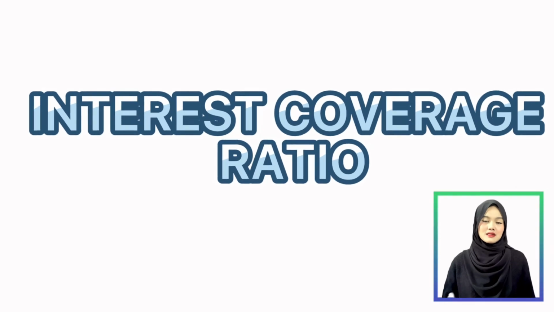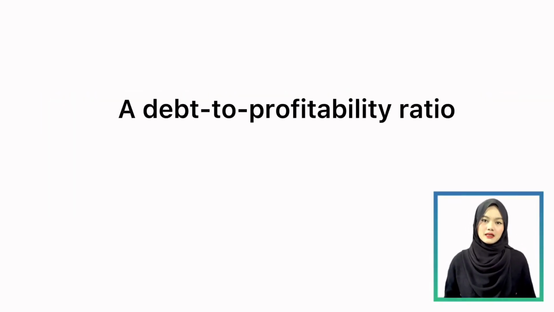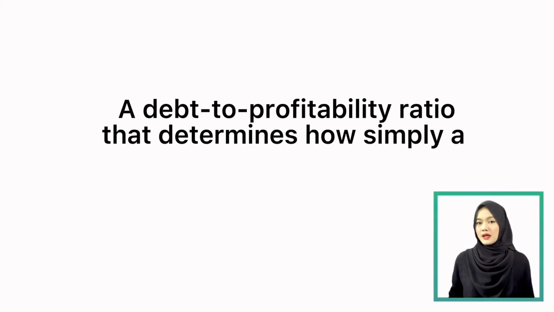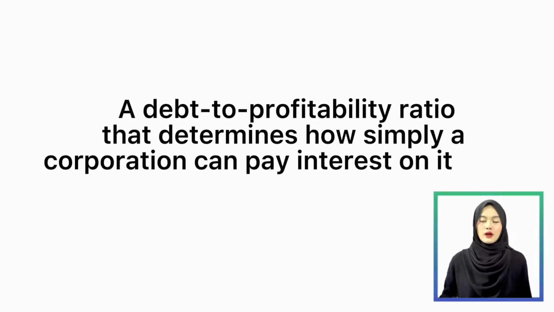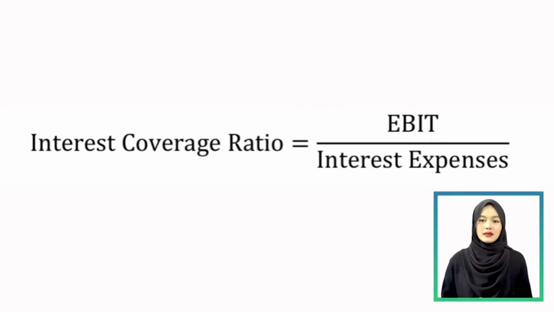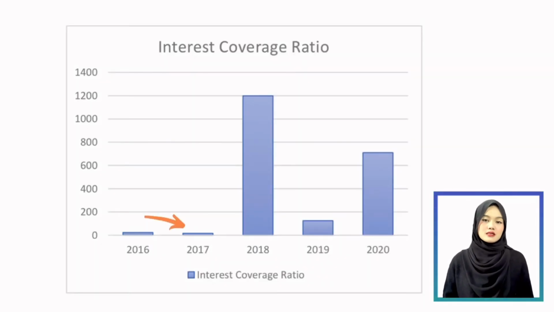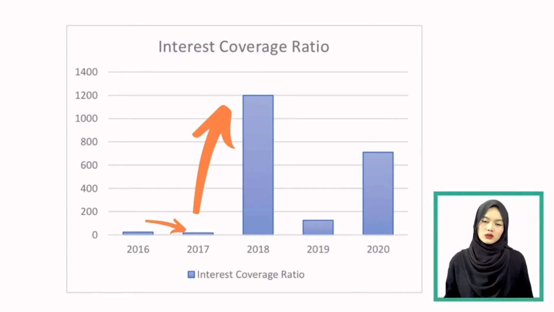Next is the interest coverage ratio. The interest coverage ratio is a debt to profitability ratio that determines how easily a corporation can pay interest on its debt. To find the interest coverage ratio, earnings before interest and tax must be divided by interest expenses. Based on the graph and table shown, the ratio decreased from 2016 to 2017 but drastically increased in 2018.